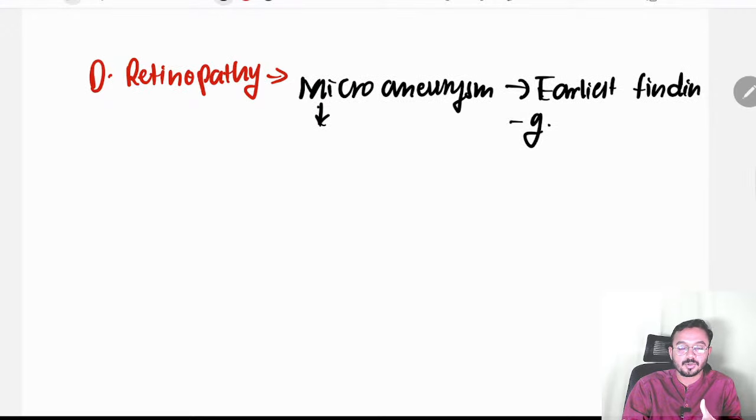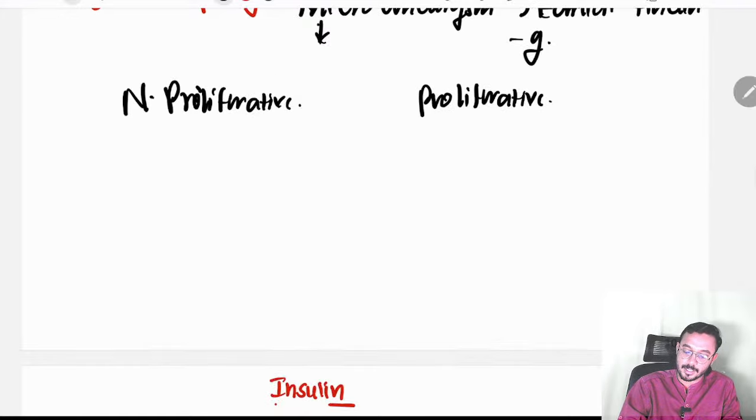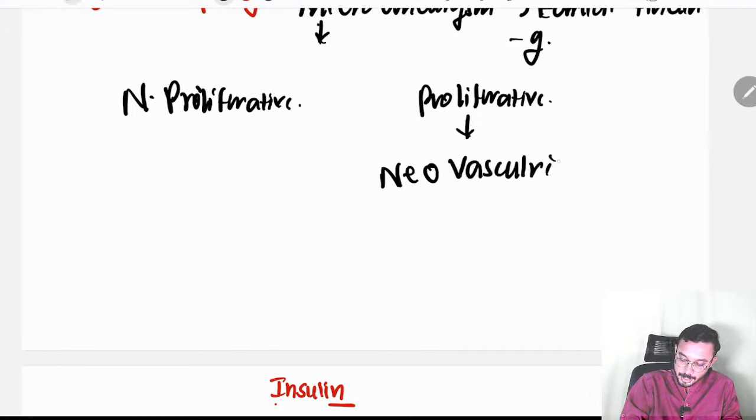And how are you going to treat this? There are 2 types of diabetic retinopathy. One is non-proliferative, and one is proliferative. Diabetic retinopathy also leads to the formation of new blood vessels, known as neovascularization.